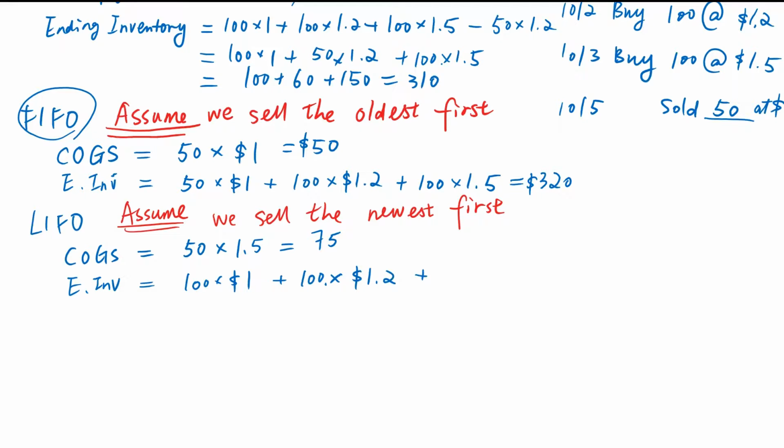And $1.50 apples, you have 50 left. Bought 100, sold 50, have 50 left. So 100 plus 120 plus 75, 220 plus 75, that's $295. All right, so that's LIFO.